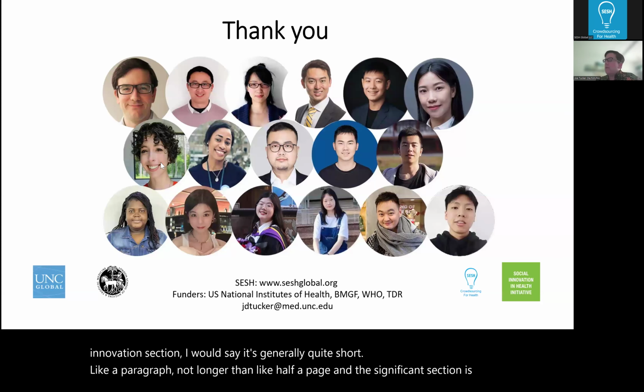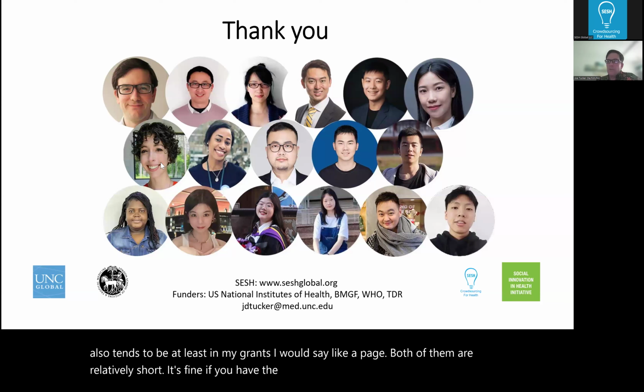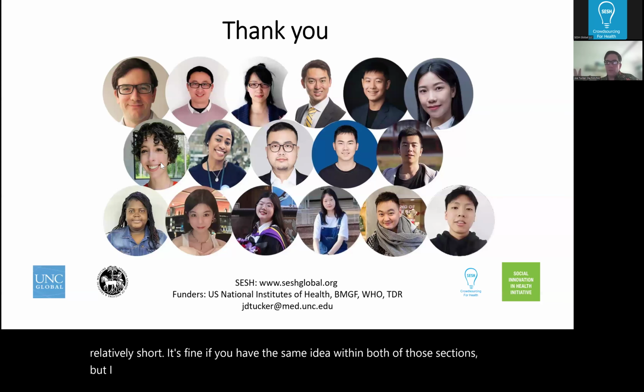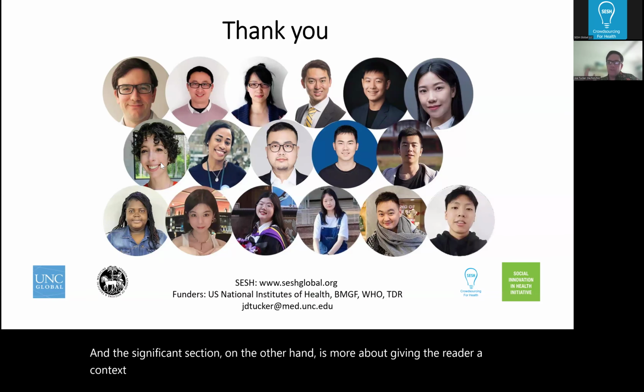It's fine if you have the same idea within both of those sections, but the key point is that the innovation really needs to show how your study is new or different or breaking new ground. And the significance section, on the other hand, is more about giving the reader context and background information so that they can see that this is an important problem.